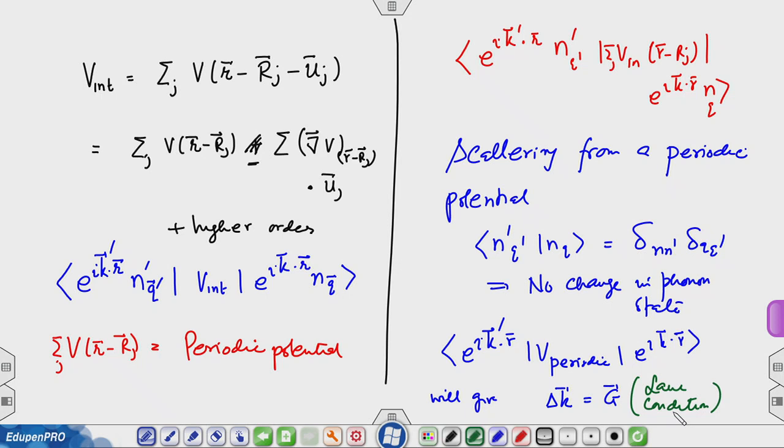So in this static approximation where there is nothing moving, this is a fixed periodic potential, you get either X-ray diffraction if the incoming particle is a photon, or X-rays. If the incoming particle is a neutron, you get elastic neutron scattering. So this is that, and that we have covered in detail. Let us look at the second term.